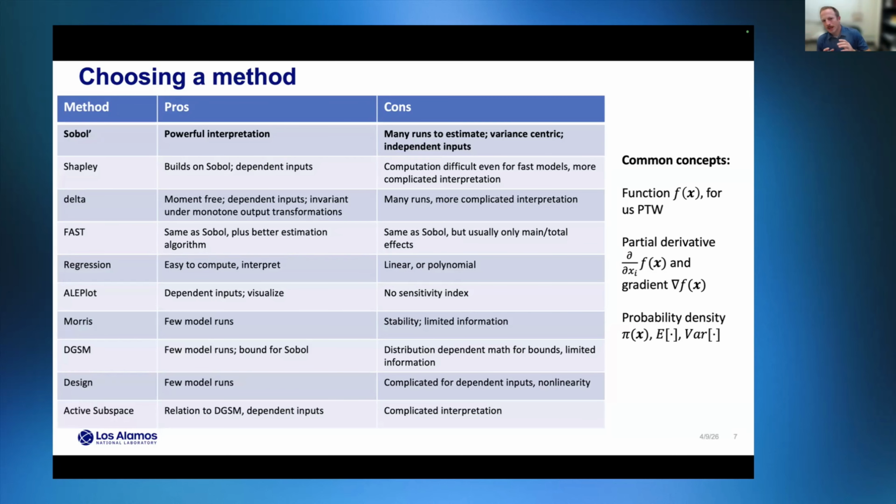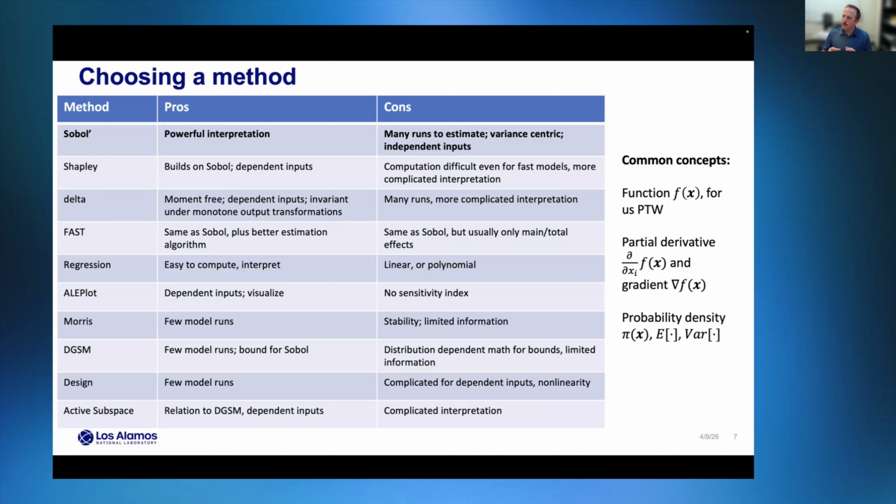So Sobol is the extension of ANOVA, analysis of variance, to more arbitrary models. ANOVA is limited to linear models, and this is going to be for nonlinear models. And we know ANOVA is powerful, so this has the same powerful interpretation. We're going to talk about the proportion of variance explained by different inputs.